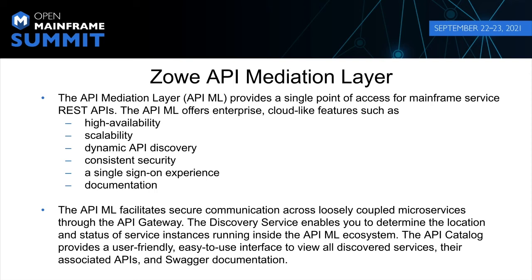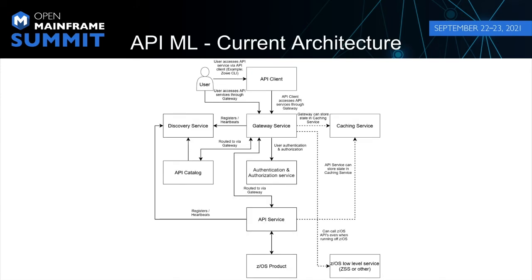The Discovery Service enables us to determine the location and the status of the service instances running inside the API Mediation Layer ecosystem. The API Catalog provides a user-friendly, easy-to-use interface to view all discovered services, their associated APIs, and Swagger documentation. Here is how the architecture of the API Mediation Layer looks.